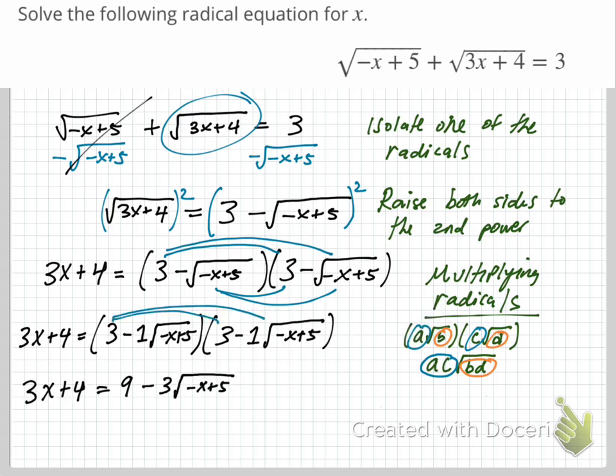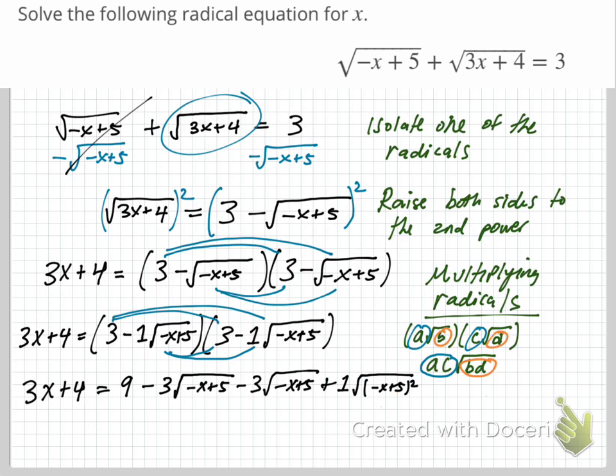So let's go ahead and we're going to distribute the 3 with this 3 and the 3 with this radical expression. The 3 times 3 is the 9, and then the 3 it's not inside a radical, so it's going to multiply with the -1 here, which is why I got a -3. And since this does not have a radical at all, this just comes along with it, and there's nothing to multiply with it, so it just stays the same.